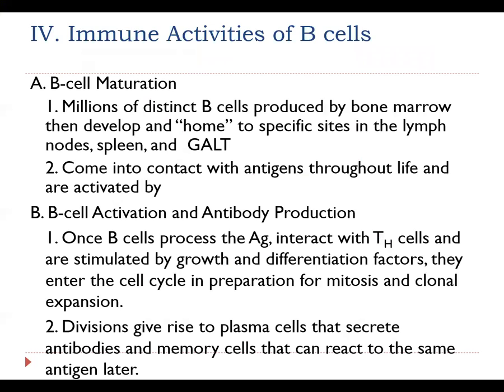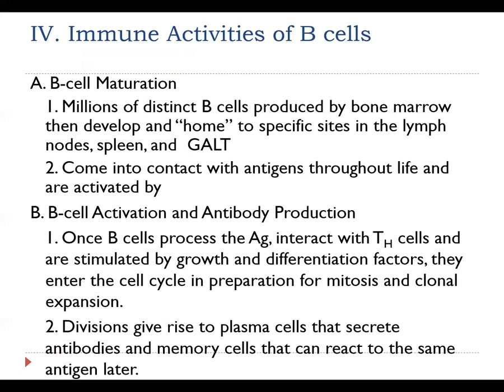Once a B cell is mature, it will then be activated by an interaction with a T helper cell. B cell activation then leads to antibody production. Once a B cell processes an antigen, it will need to interact with a T helper cell that has been activated against the same specific antigen. Once they have interacted, it will stimulate the B cell to undergo differentiation and clonal expansion.